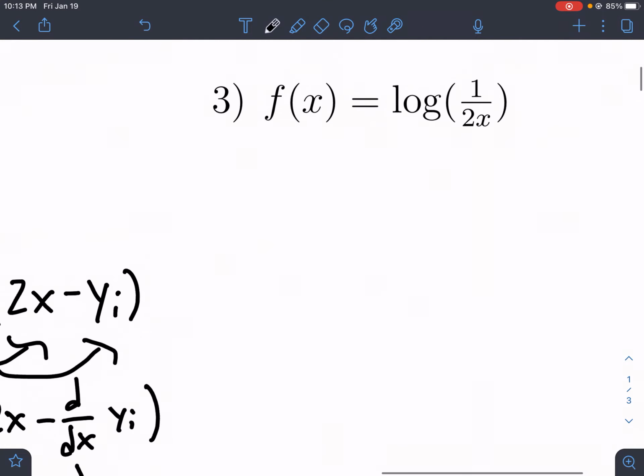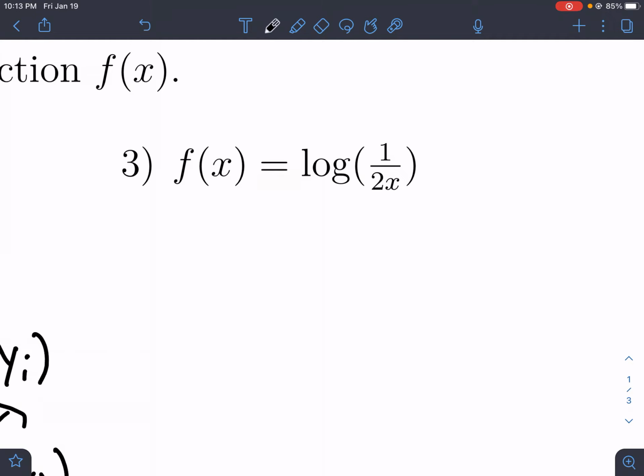For part 3, we're asked to find f prime of 1 for f of x equals log of 1 over 2x. In this course, this is the natural log. And you might remember that the derivative of the natural log of x is 1 over x.